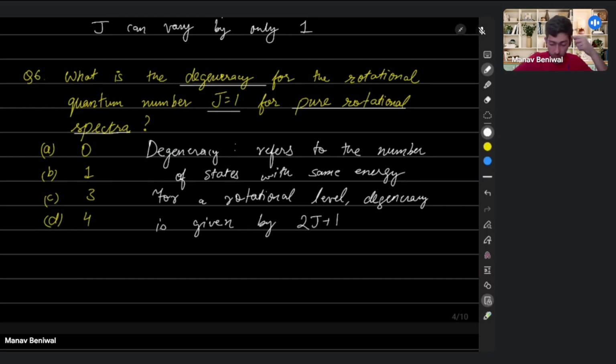So this comes from different possible orientations of the molecule's angular momentum in space.